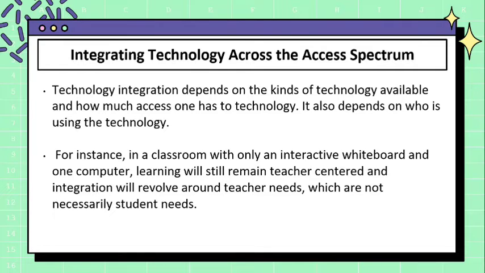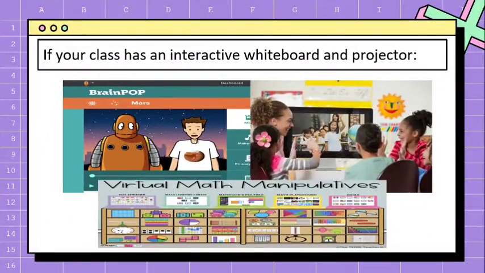Still, there are ways to use an interactive whiteboard to make it a tool for your students. Even with one computer in the room, there are ways to integrate that one machine into your classroom and still make sure that you and your students are doing things that you couldn't do before, in a quicker and more efficient way.